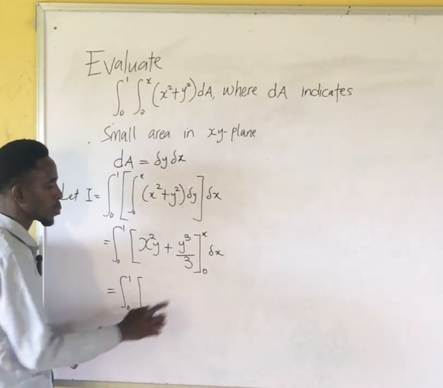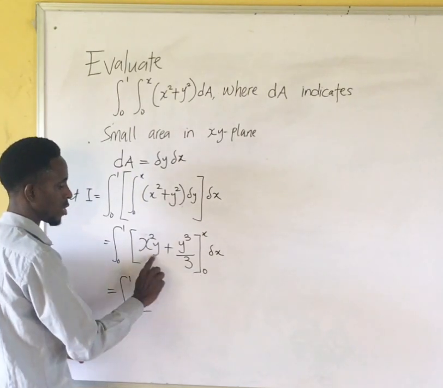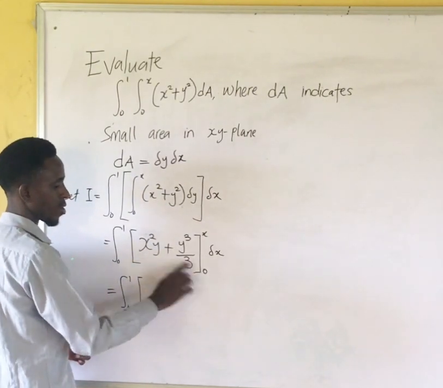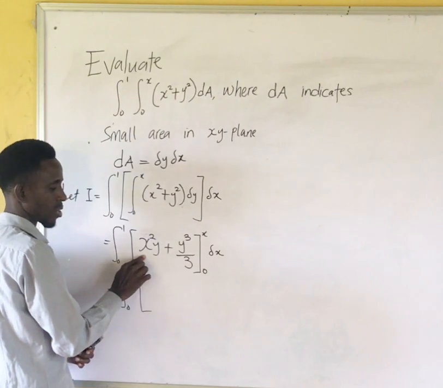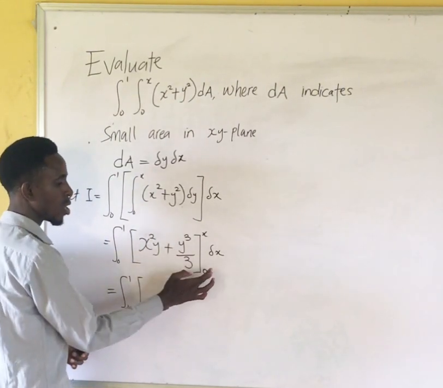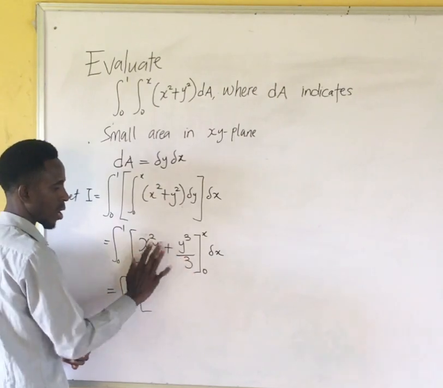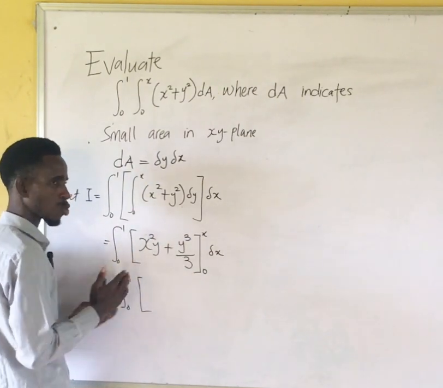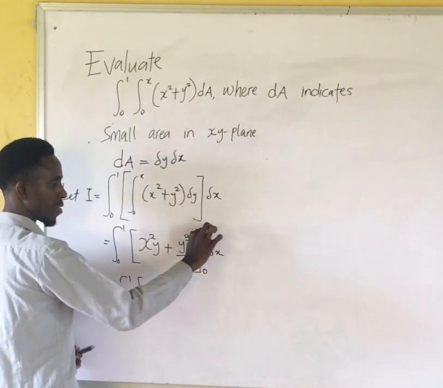If I put 0 here, it becomes 0 times x squared, which is 0, and here it becomes 0 divided by 3, which is 0. So that part is gone.